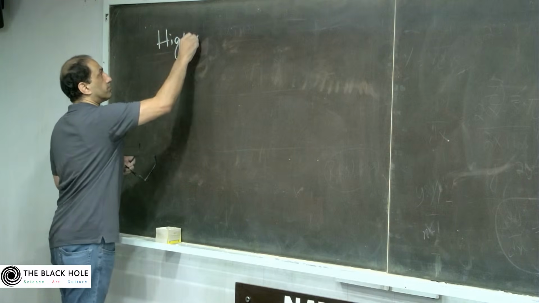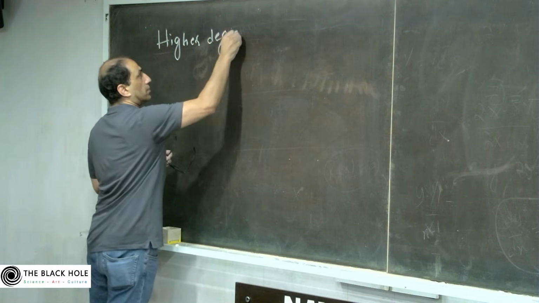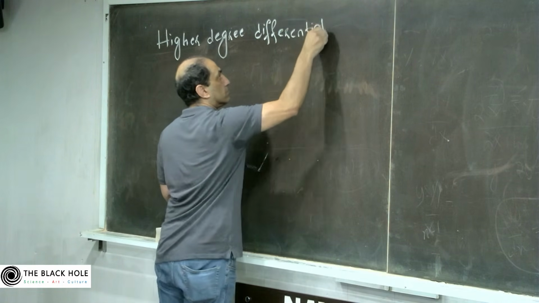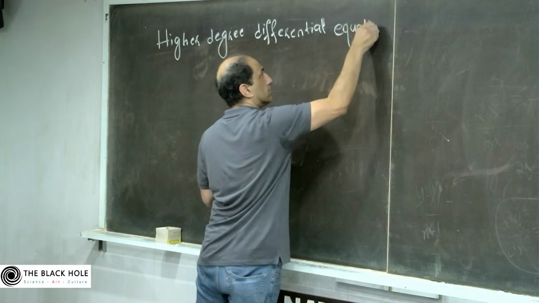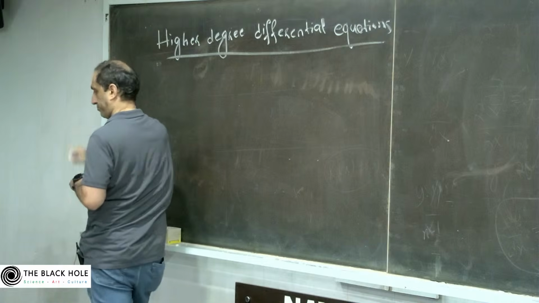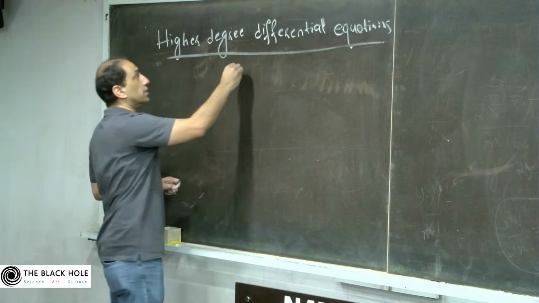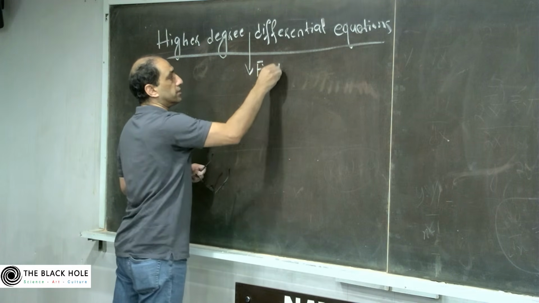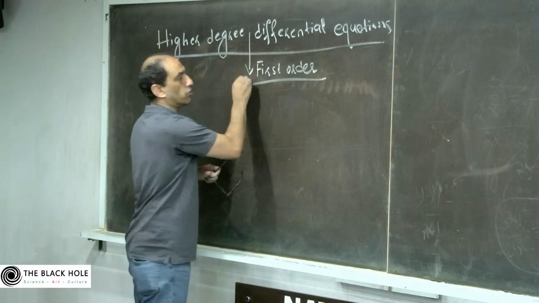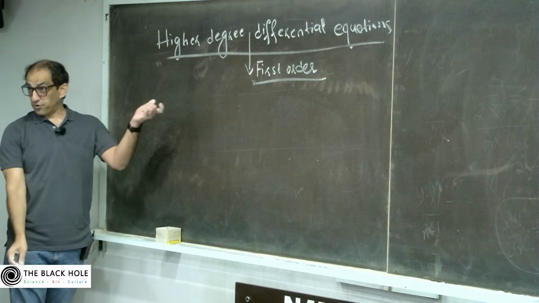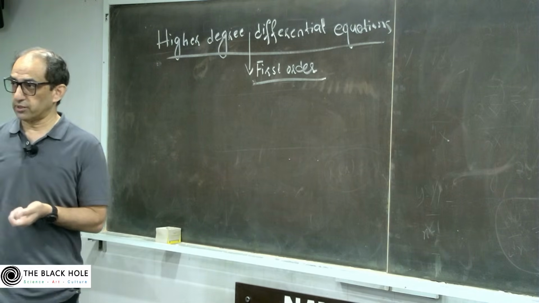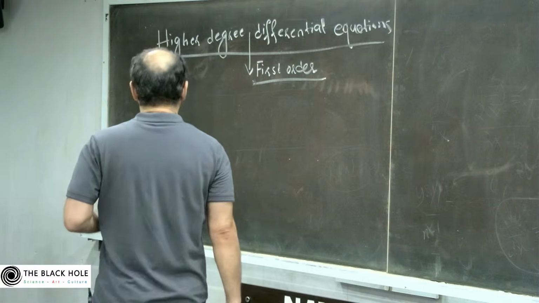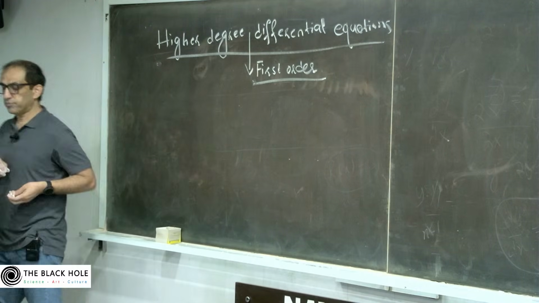Higher degree differential equations. And of course, I must say that here we are talking about the first order. That is very important because dy over dx whole square is not the same as d2y over dx whole square. All right. So first things first.